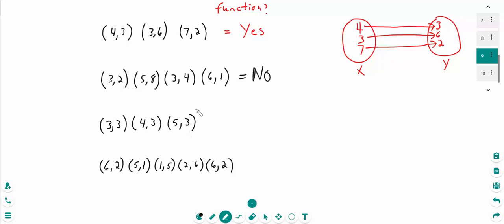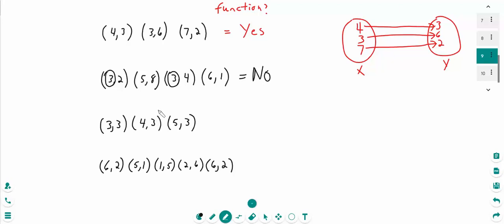And why not? Well, think about it. The 3 relates to a 2. So in your head, you think of those two circles. The 3 goes to the 2. The 5 goes to the 8. The 3 is mapped to the 4. Right there, we need to stop and say, whoa, wait a second. I've already said what the 3 went to. The 3 right here, I said went to the 2. And now I'm saying the 3 is also going to the 4.